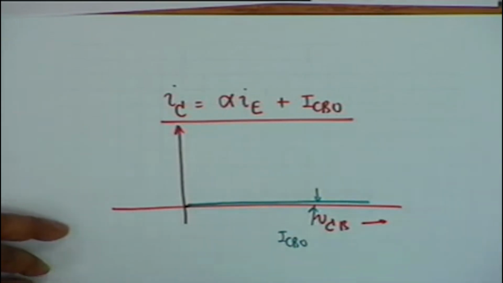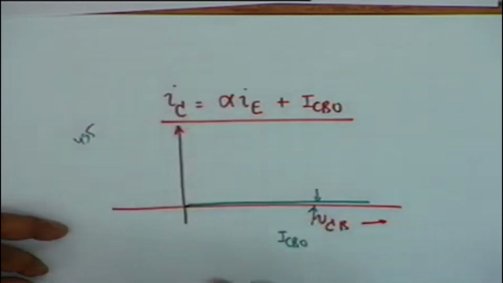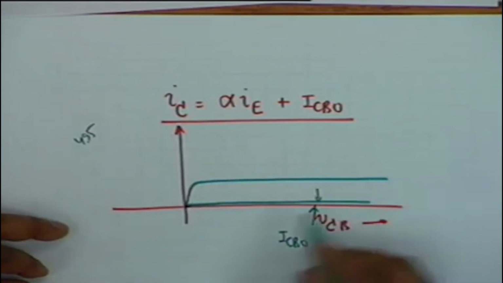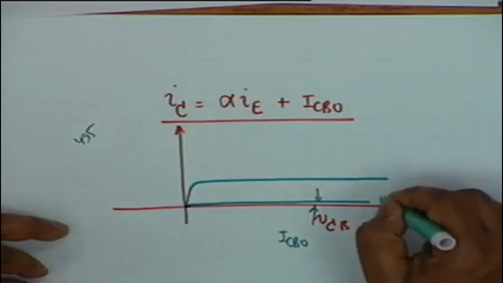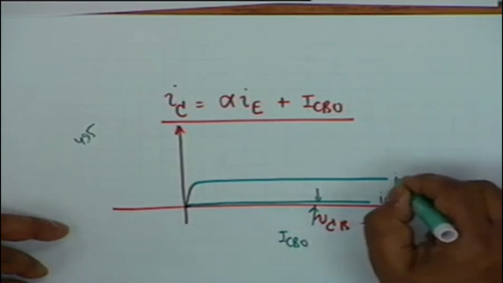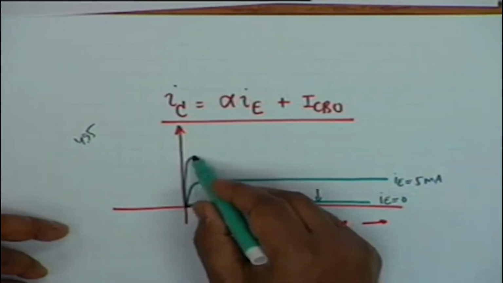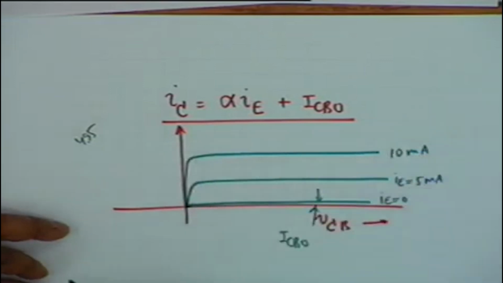When I_E is, let us say, 5 milliamperes and alpha is 0.99, then the collector current should be how much? 0.99 multiplied by 5 is 4.95, approximately 5. So the current shall rise to approximately 5 milliamperes. This curve is for I_E equal to 0, maybe this is for I_E equal to 5 milliampere, and so on. If I_E is 10 milliampere, the curve will rise like this.